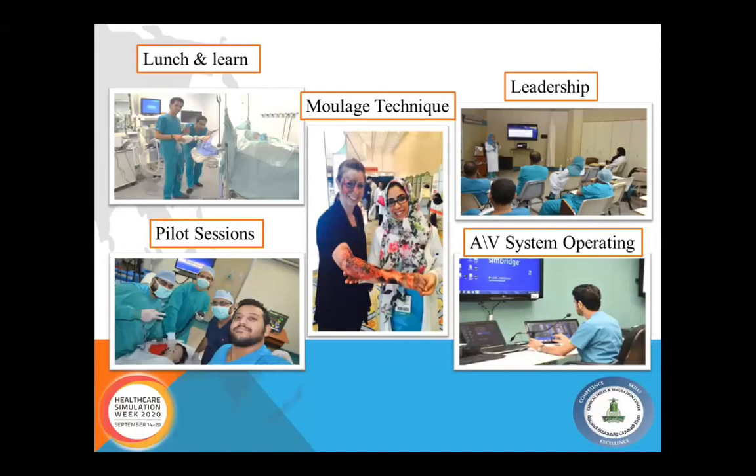Also, I'll talk about how to help the staff put their skills in the work environment. Actually, one of the very good things for any simulation technician to start with, whatever you learn from the development program that the management of the center does for you, is to build your own.